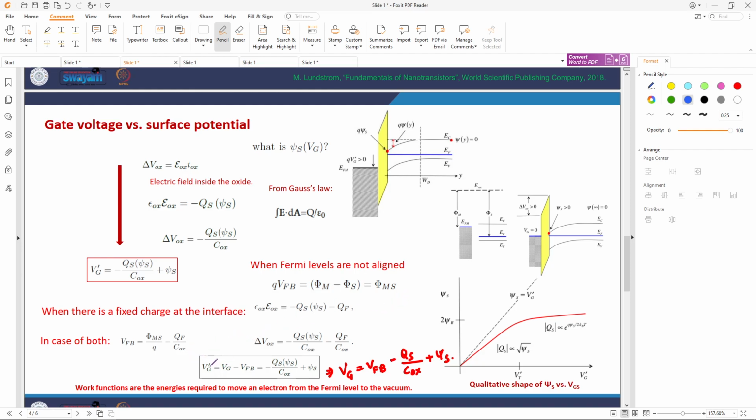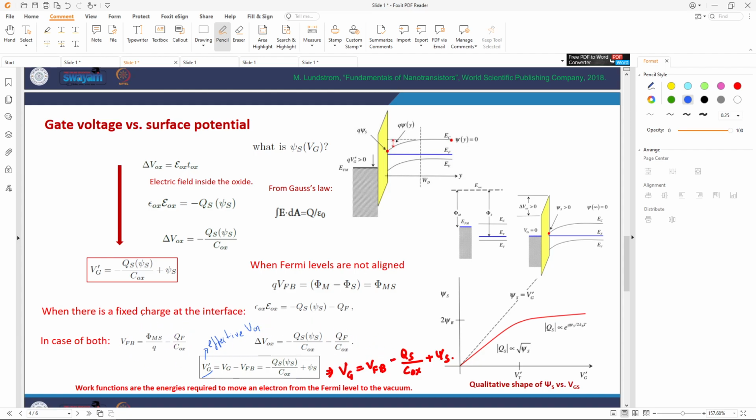So essentially, Vg dash is the effective gate voltage, the fraction of the gate voltage that is actually felt in the channel through the oxide layer. So this is the effective Vg.